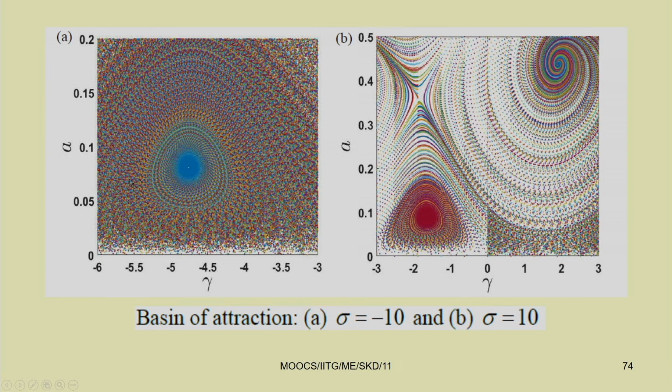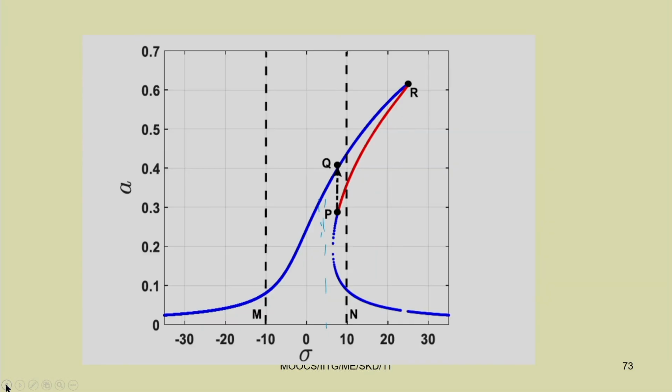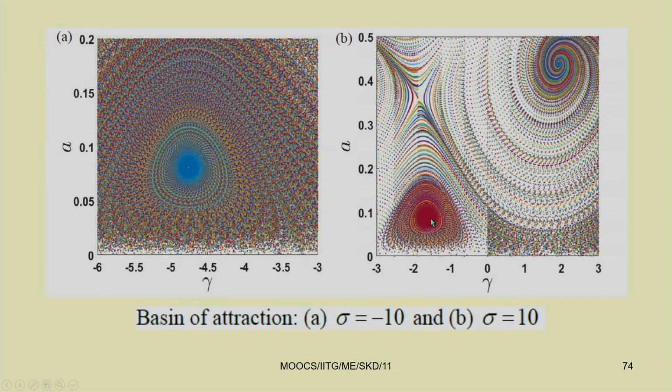But if you take another point, plus 10, you have 1, 2 and 3 solutions. Out of which 2 solutions are stable and 1 is unstable, that stability part we will study later. So, this is one stable solution, this is another stable solution and this is the unstable solution, which is a saddle point.